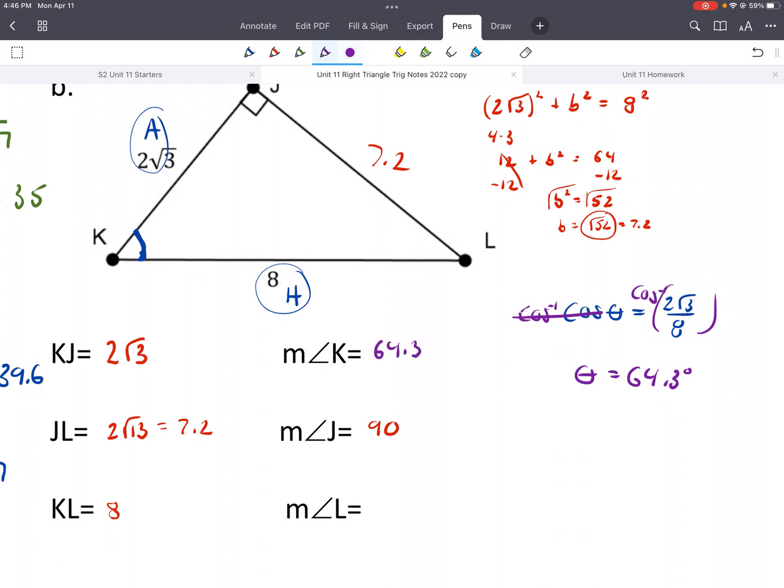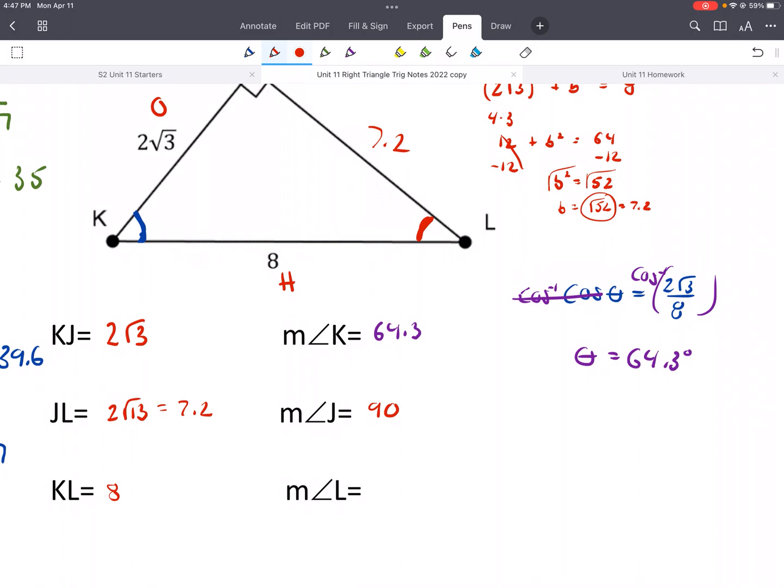And then we would do the same with L, except we'd want to use a different trig function. This would be our reference angle. So I'd erase my A, I'd erase my H, because now this is H and this is the opposite side. Again, we want to use our exact answers. We probably wouldn't want to use the 7.2.